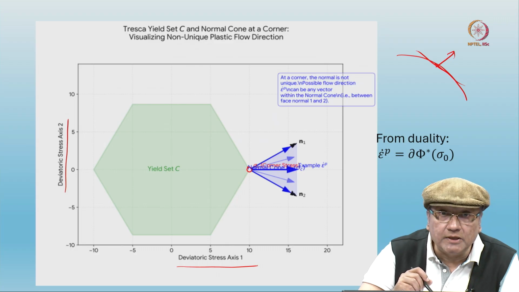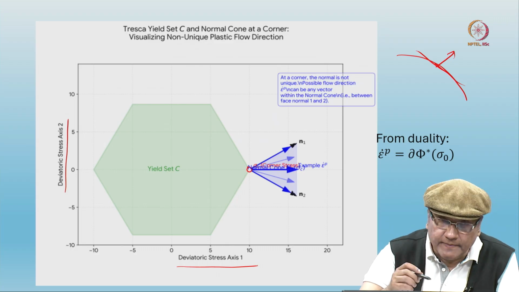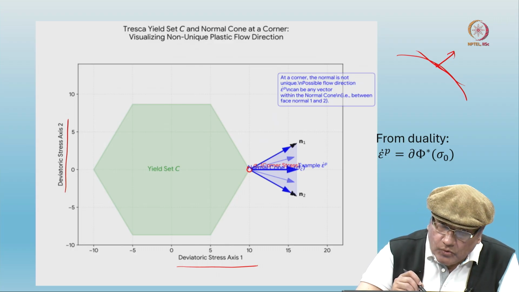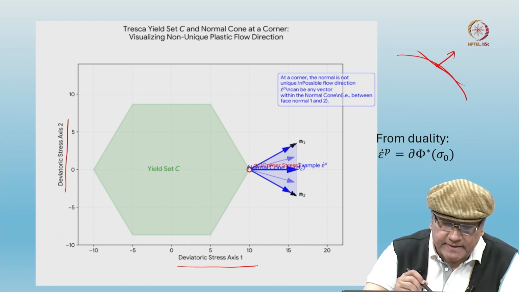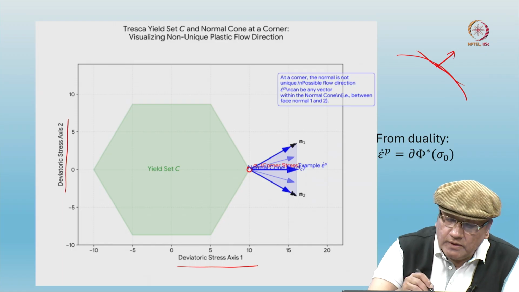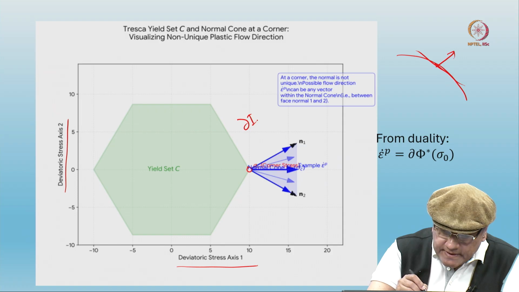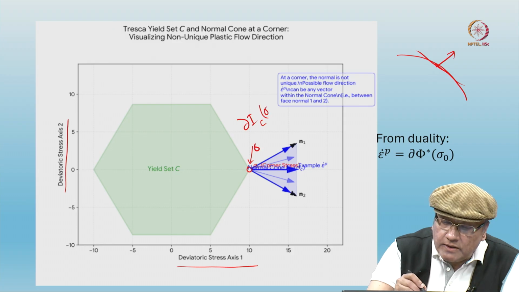You find the normal cone here. I have already defined that in one of the last lectures. The normal cone, in this particular case, is the normal cone to the indicator function over C at this particular sigma.